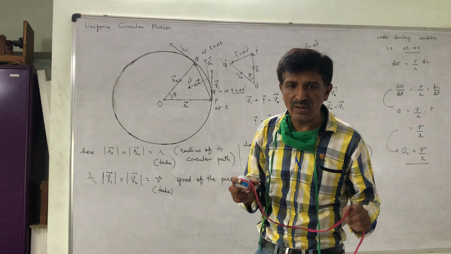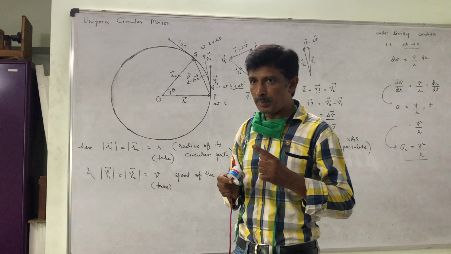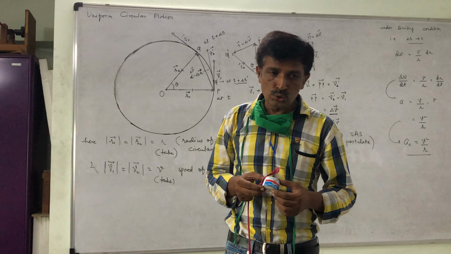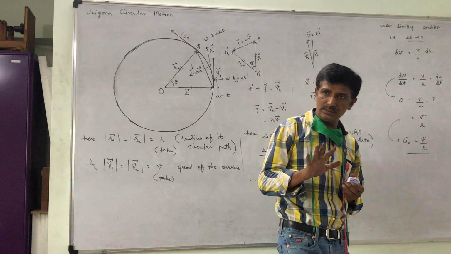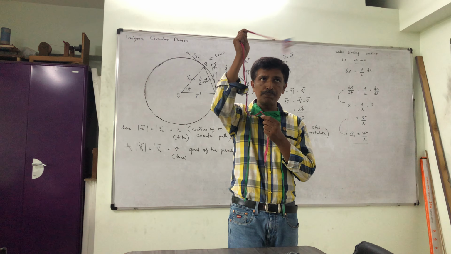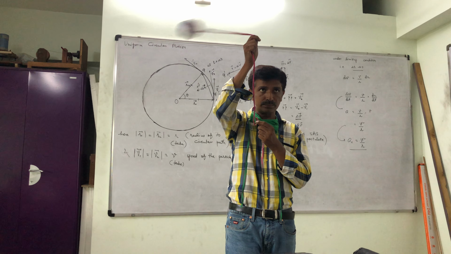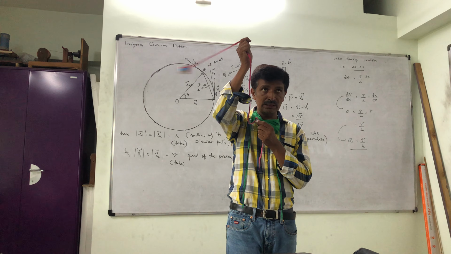Now we want to find this acceleration, but acceleration is a vector quantity. Agree? So we want to find the direction as well as the magnitude. But by common sense, suppose I am giving uniform circular motion to this medical tap.